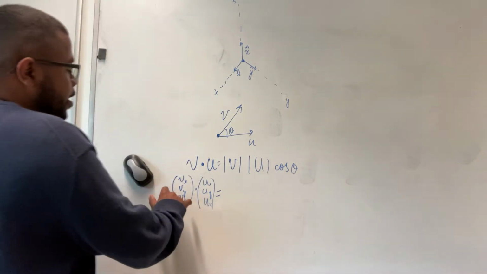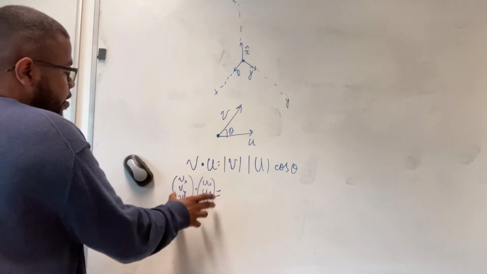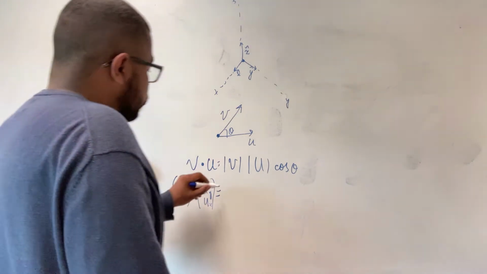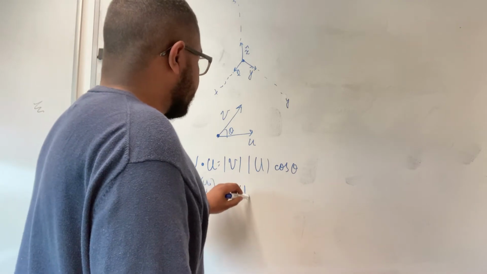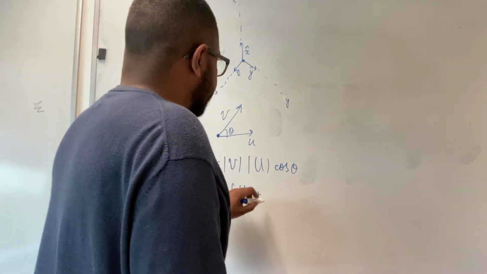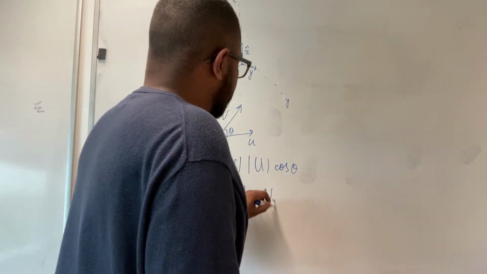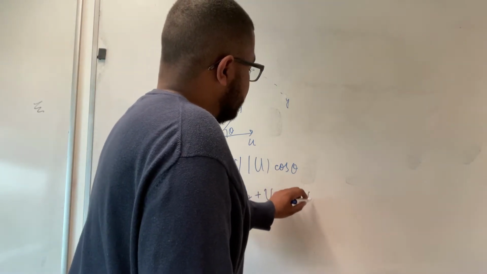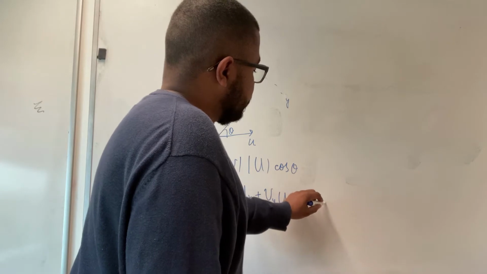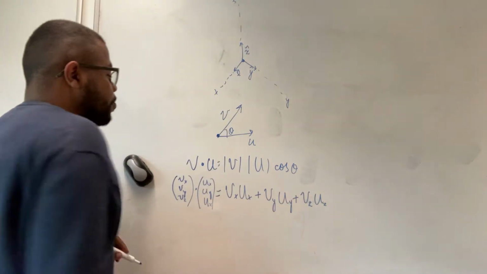Then I know that the inner or dot product of these two vectors will be vx times the x component of u, plus vy times the y component of u, plus vz times the z component of u.